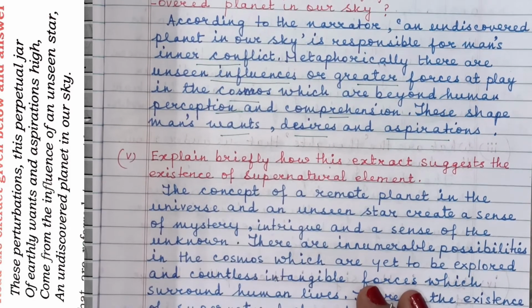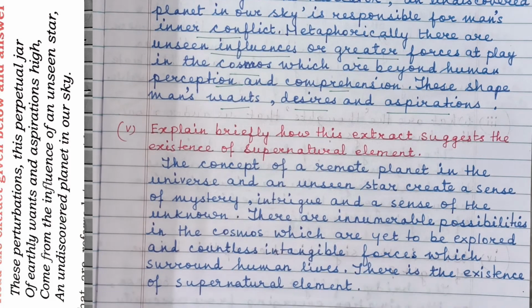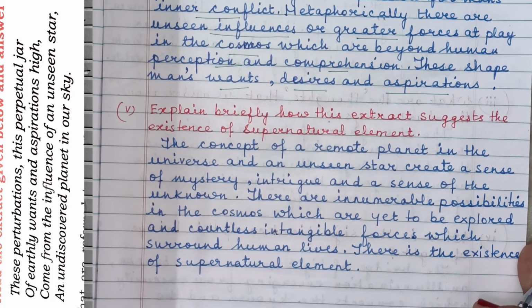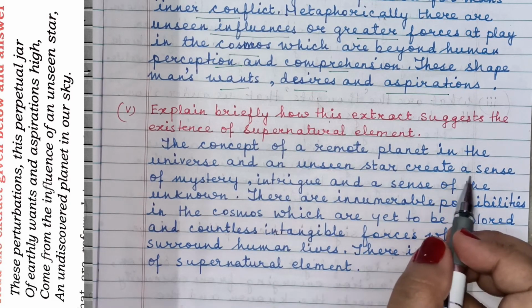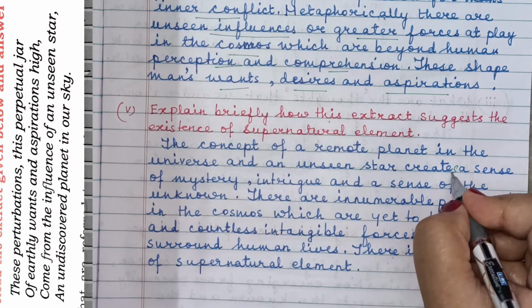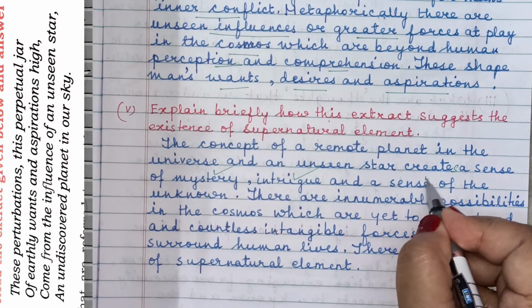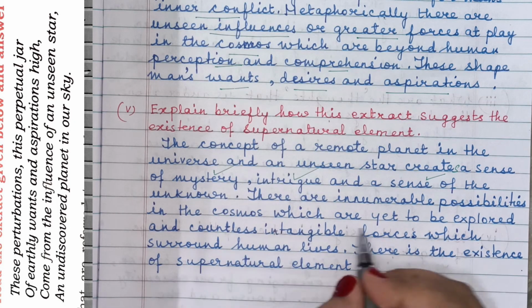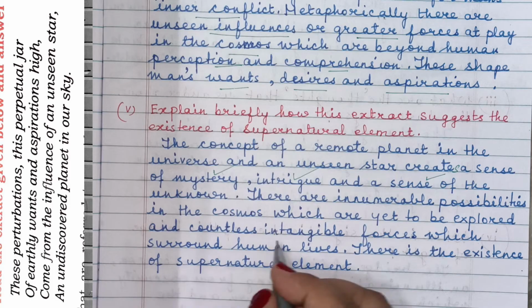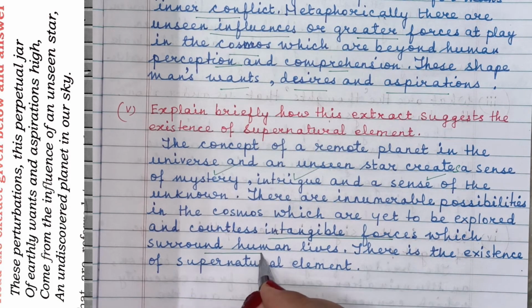Explain briefly how this extract suggests the existence of supernatural element. The concept of a remote planet in the universe and an unseen star creates a sense of mystery, intrigue, and a sense of the unknown. There are innumerable possibilities in the cosmos which are yet to be explored, and countless intangible forces which surround human lives.